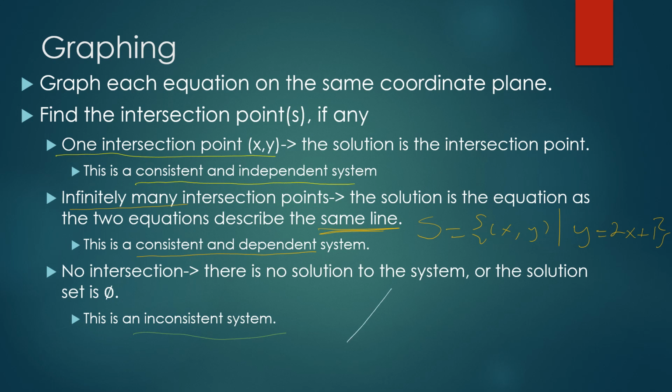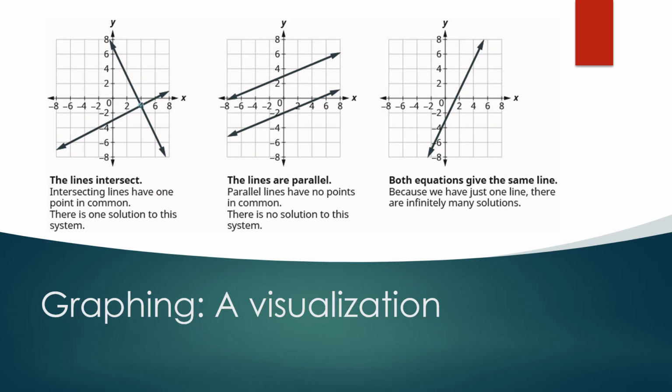This is where we would have parallel lines because there's literally no intersection. Here's a visualization. If the lines intersect at some point, then we have a consistent and independent system.